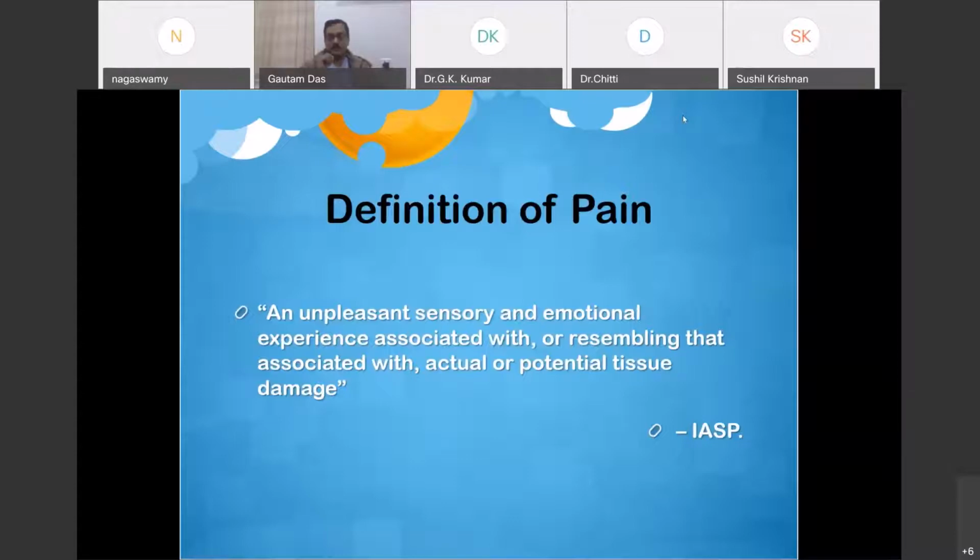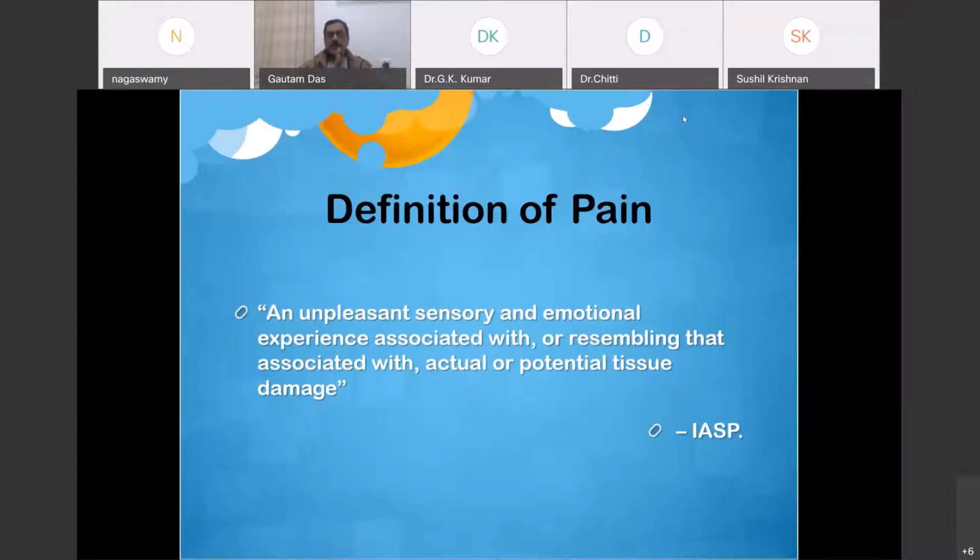But very recently, 'described in terms of such damage' has been deleted, and in that place a few words are added resembling 'associated with'. So this made the confusion of the earlier definition very clear.